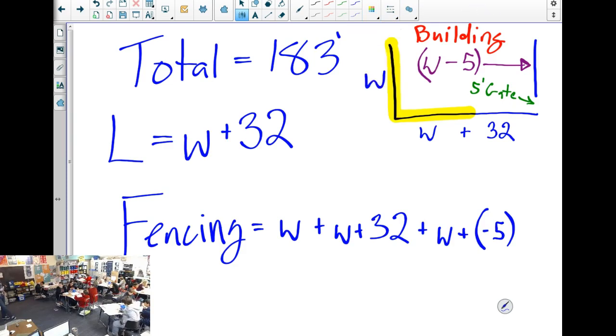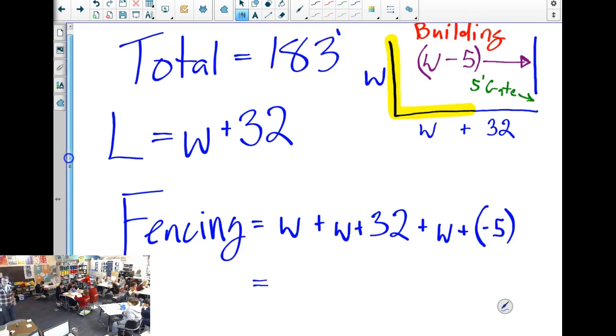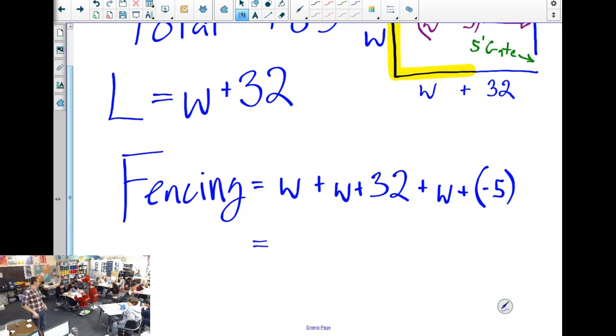All right, so group your like terms, and with your team, agree on what expression, a variable term and a number, represents our total fencing. Take like 30 seconds to agree what expression represents our total fencing.